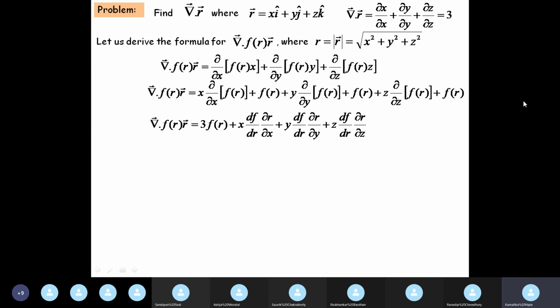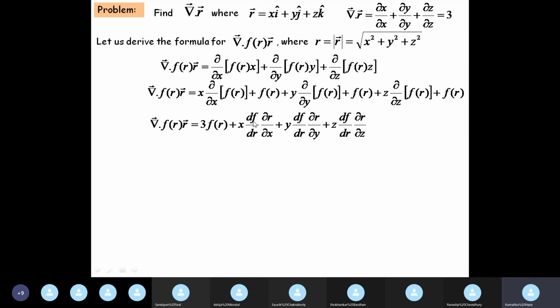So we collect the f(r)s and we have 3 f(r), and then see this term is x del del x of f(r). We keep x, and this del f del x we write as df dr into del r del x. Now why df dr? Because f is a function of r only, so we don't need to write del.